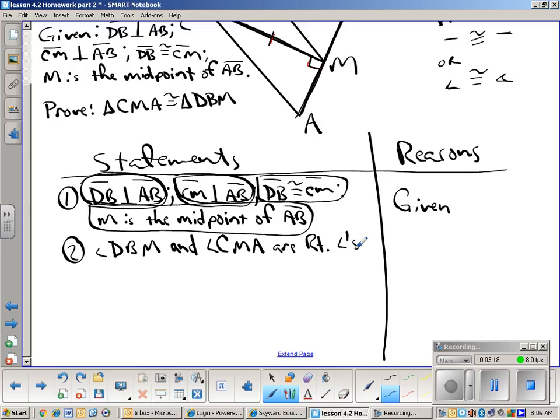Okay? We're going to say they're right angles. The definition of perpendicular means that the two segments or lines or rays intersect to form right angles. That's what the definition says. So how did I know that these two are right angles? By the definition of perpendicular.